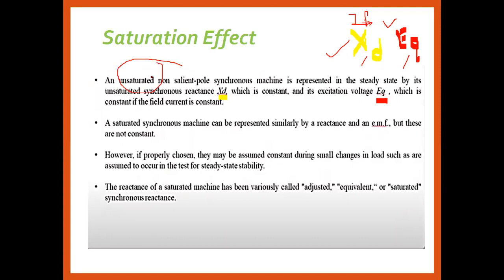But if we discuss the saturated synchronous machine, what does saturation mean? If you provide the excitation, the machine gives the field flux at full load quantity, the full load flux at full load current. If you provide the field current properly in the proper range, it runs at full load speed.